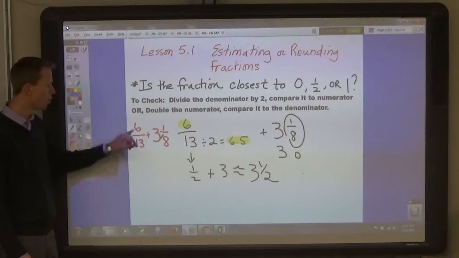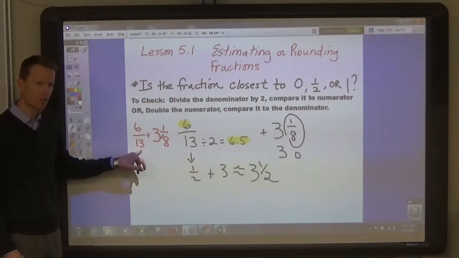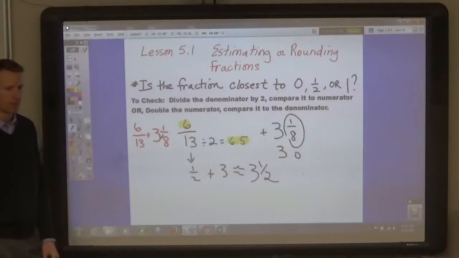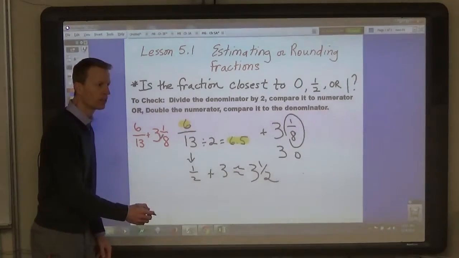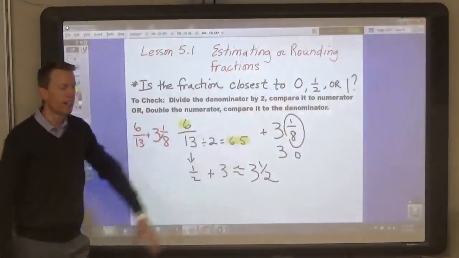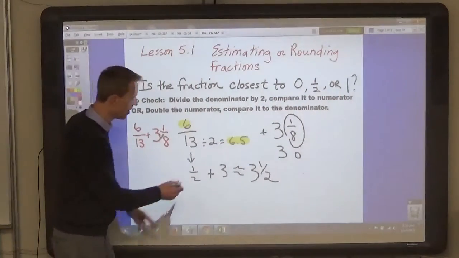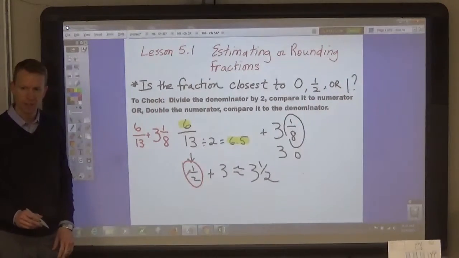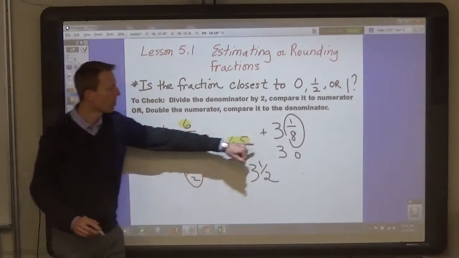So that means we're going to round 6/13 to either 0, 1/2, or 1. Right? And which one would we round it to? What's it closest to of these three? What do we decide, Nate? 1/2. That's what this says. What's closest to 1/2? Now let's round 3 1/8.